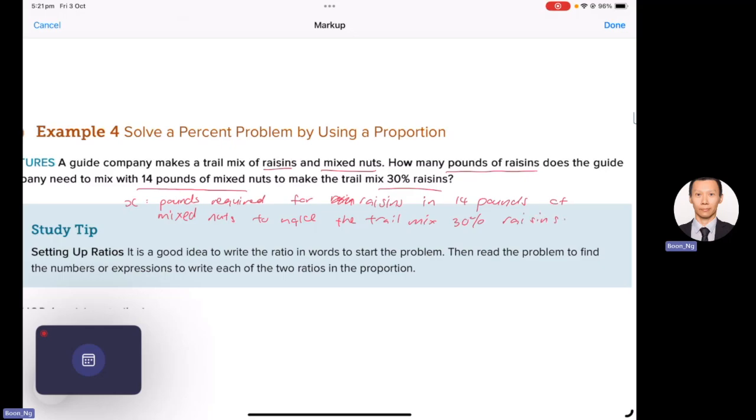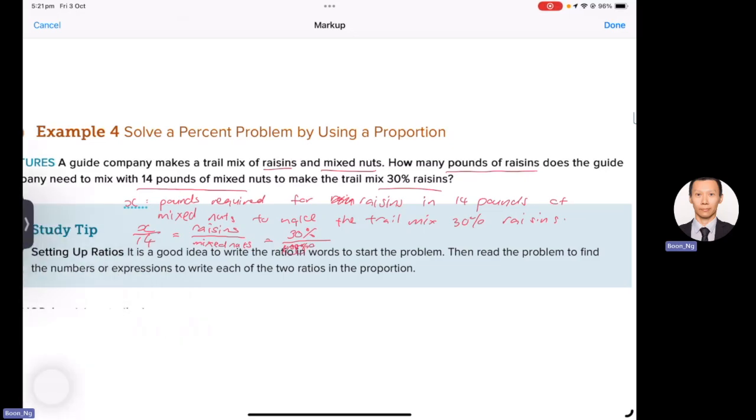So what this means is x over 14, because this is raisin over mixed nuts. In terms of percentage, raisin is 30%. In terms of mixed nuts, it will be 100%.